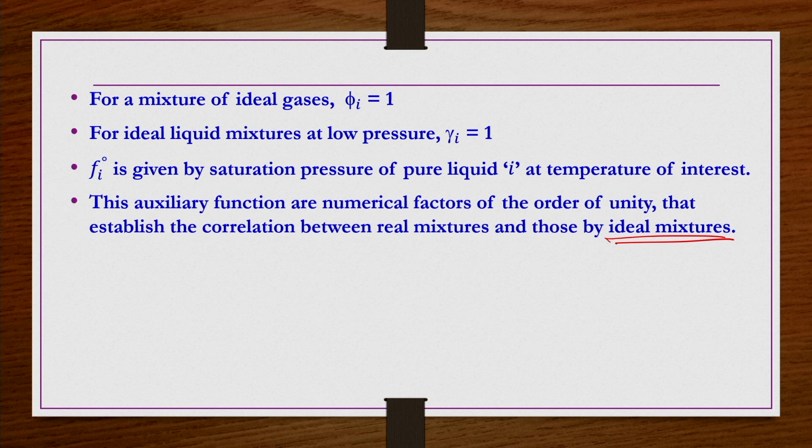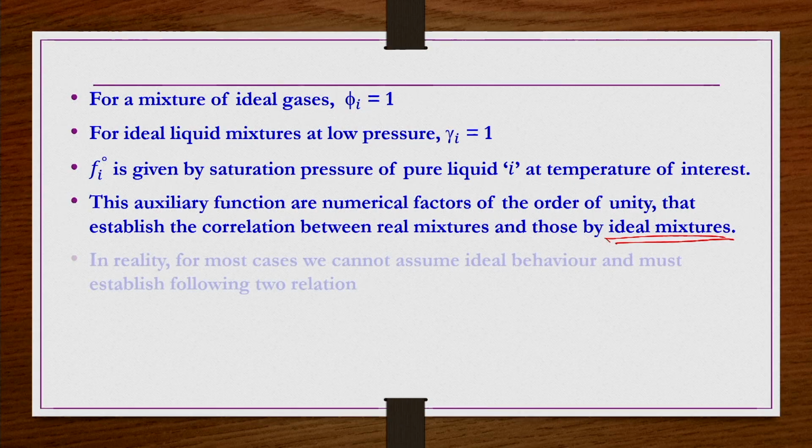Okay. Without this information of phi I and gamma I, we cannot solve the phase equilibrium problems where these phases are having non-ideality. If you have phase equilibrium problems with non-ideality, then you must have some kind of provision to obtain these phi I and gamma I relations. Those things we are going to do in subsequent lectures anyway.